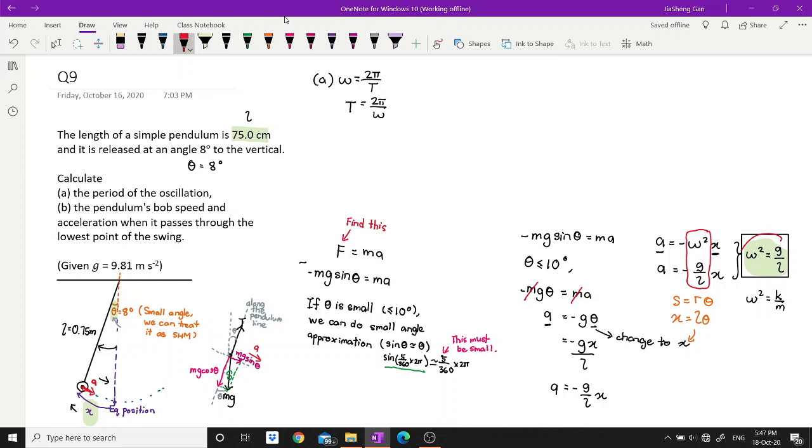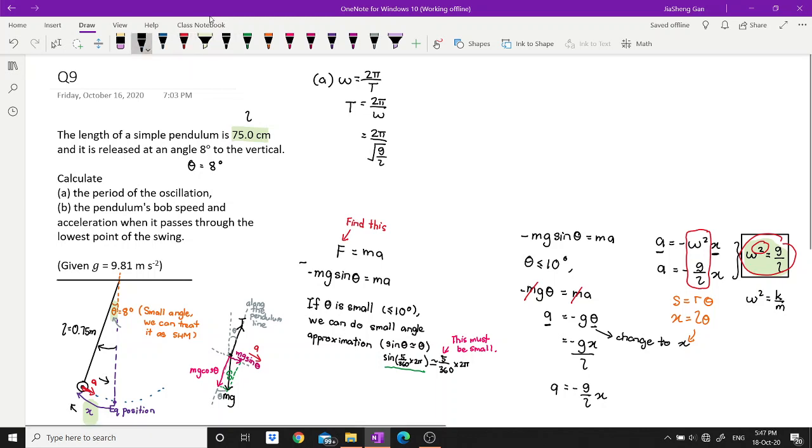Omega square is g over L. Therefore, omega will be the square root of g over L. Here there's a square, but what you need is omega only, so you have to do the square root by yourself.